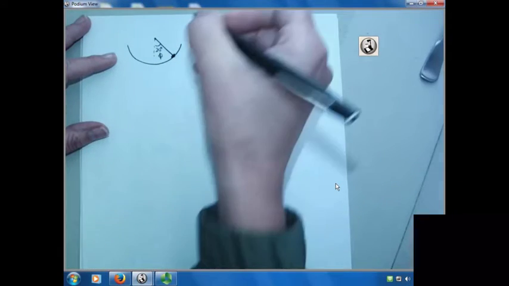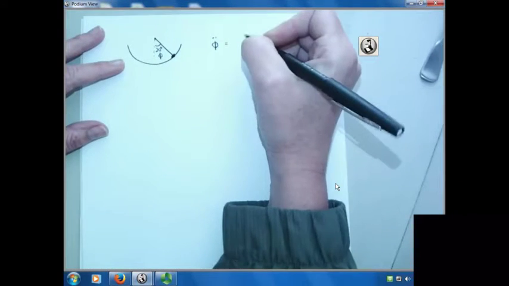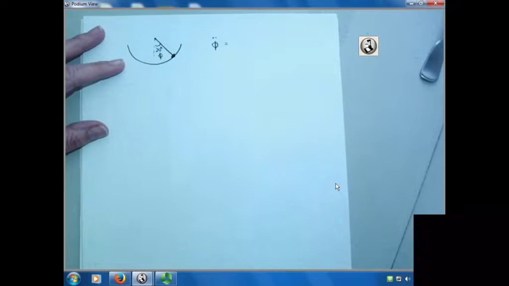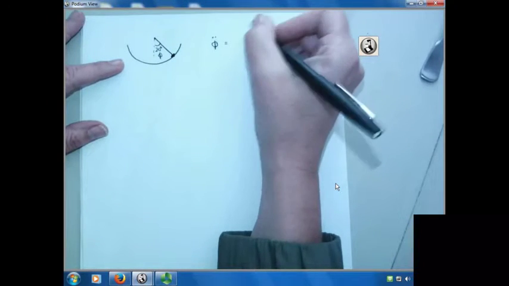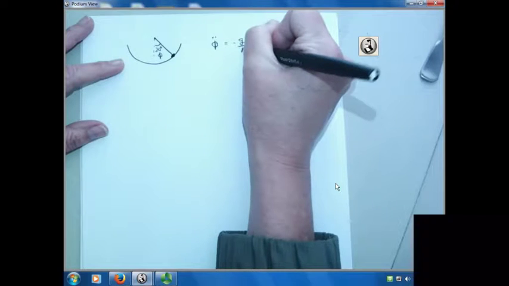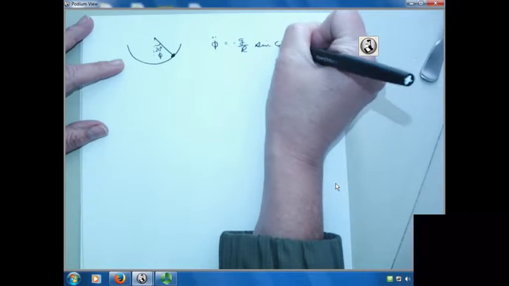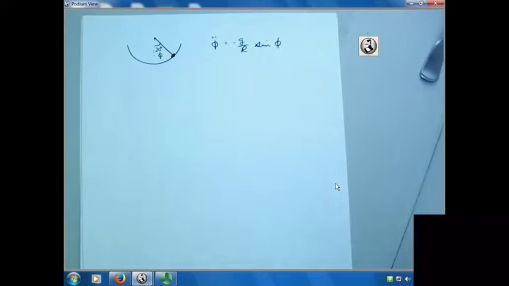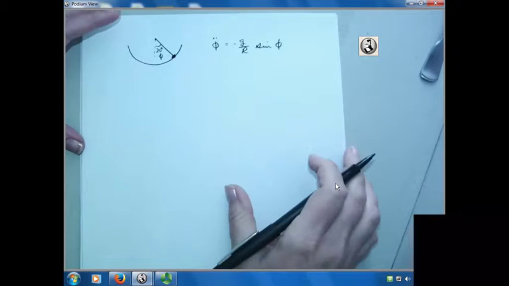The phi double dot, the second derivative of phi with respect to time, is minus g over r times the sine of phi. This is an equation where phi is a function of time, and it is not analytically soluble, so we have to solve it numerically.